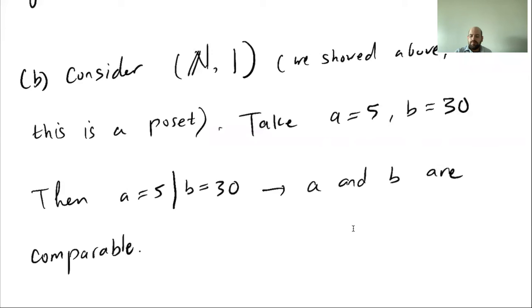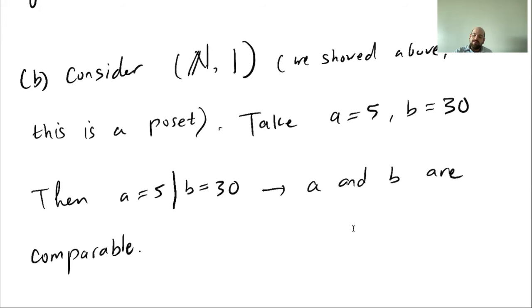Right, A and B are comparable because 5 divides 30. So A is in relation with B. We said, remember, if A is in relation with B or B is in relation with A, then A and B are called comparable. So here A is in relation with B because 5 divides 30, and therefore they are comparable.